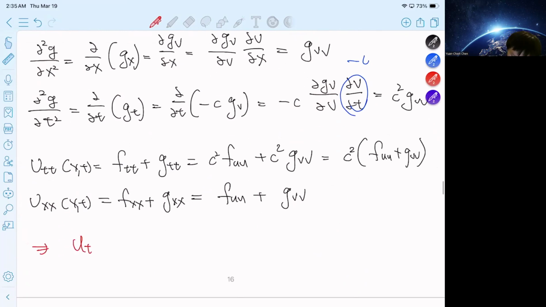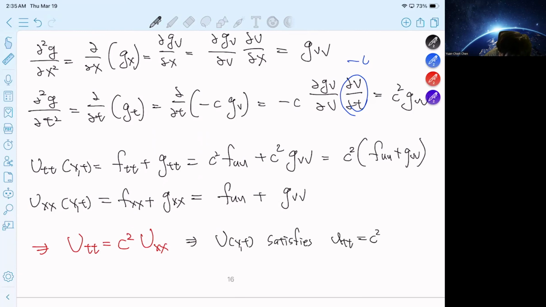So this is u_tt equals c squared u_xx. So we can happily say that u(x,t) satisfies the equation u_tt equals c squared u_xx.